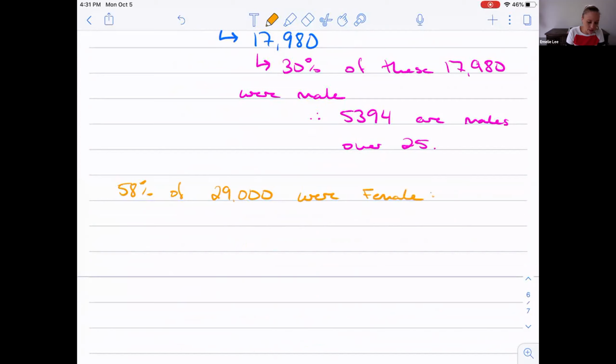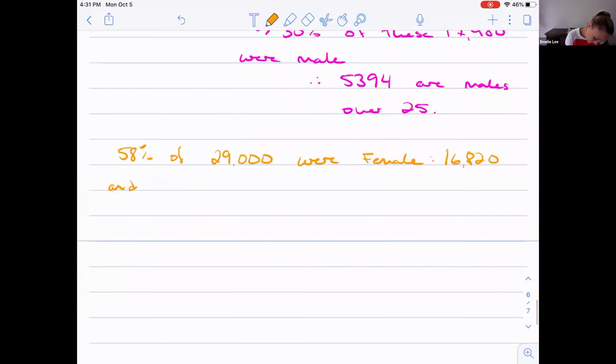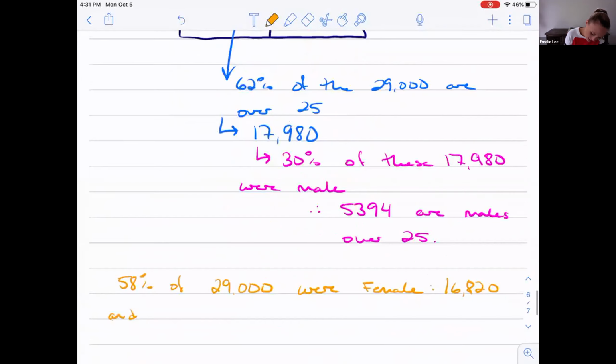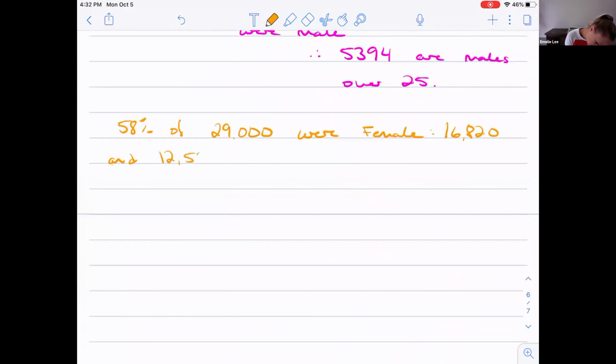So 29,000 times 0.58 is 16,820. And 12,586 of those have already been counted.